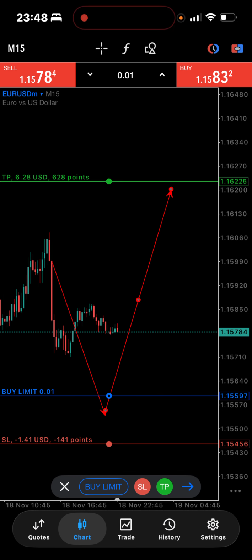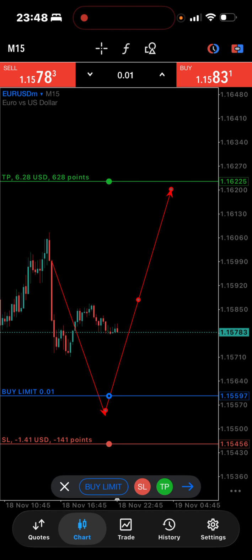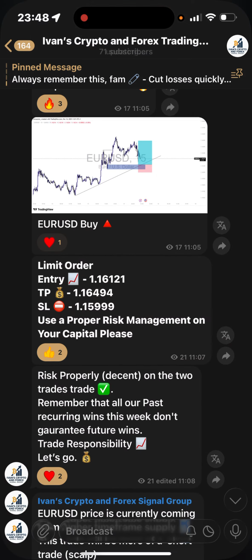So I keep changing this at the middle. You can see this at the middle, 0.01. I keep changing it until the SL has got to 15, or somewhere around 15, that I can manage for a reasonable risk. The SL is how much you're risking in the trade. You get your SL, you place it at whichever price I tell you to place it at.